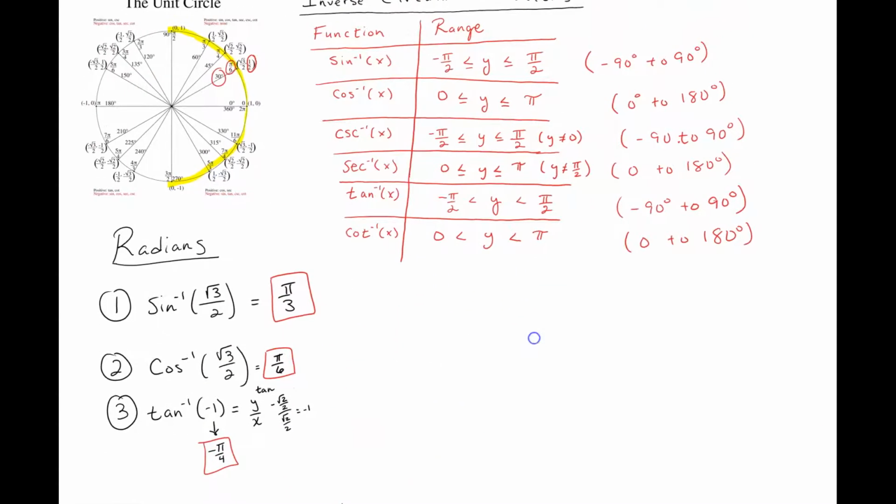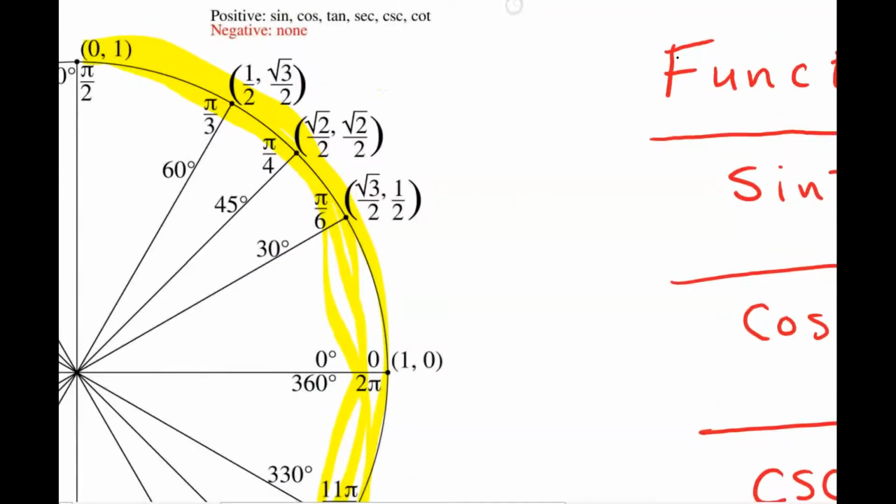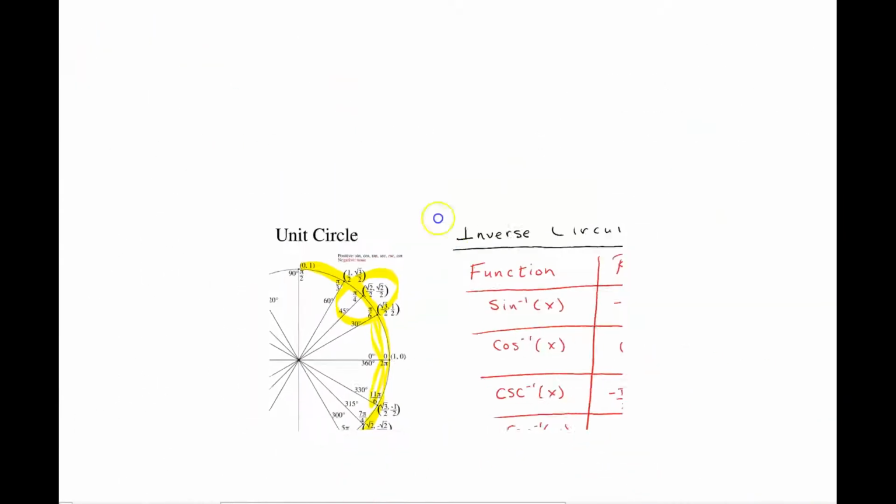But we know something about tangent again, and let me erase this, tangent inverse exists from negative pi over 2 to pi over 2. So we're again looking at this window on the graph. So the only place where y and x are actually equal occurs here at pi over 4 or 45 degrees.